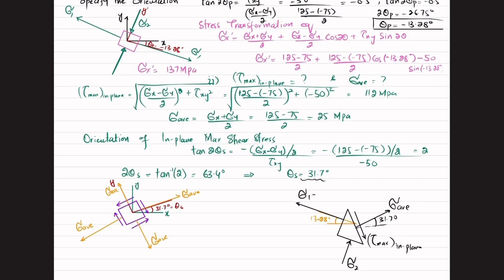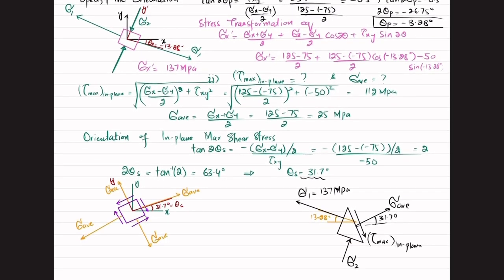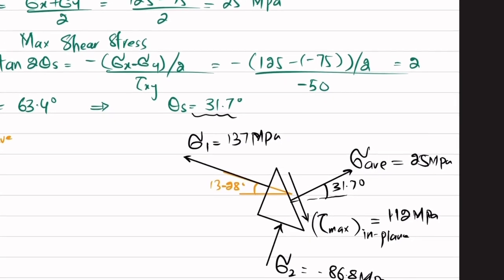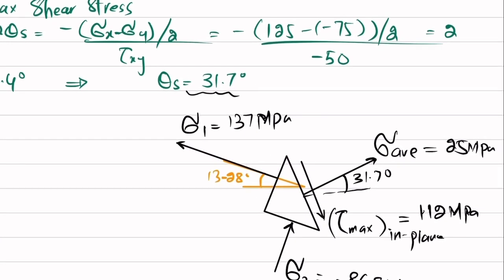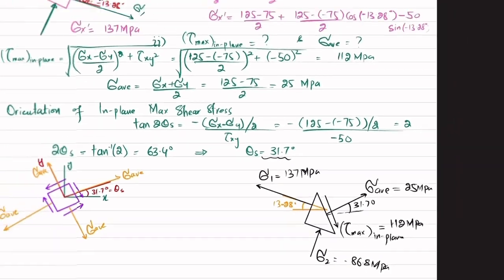So sigma 1 was 137 megapascal, sigma 2 was minus 86.8 megapascal, maximum in-plane shear stress is 112 megapascal, and average normal stress is 25 megapascal. So this is the combined representation or orientation of these stresses on the element. And that was all about this problem 9-17.